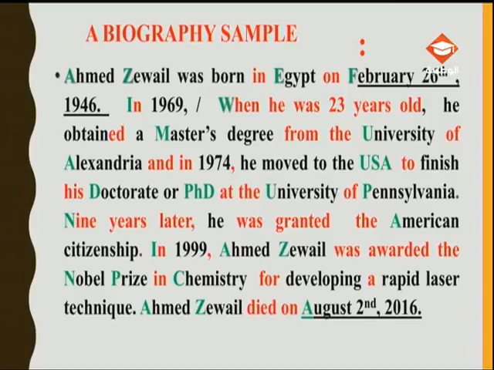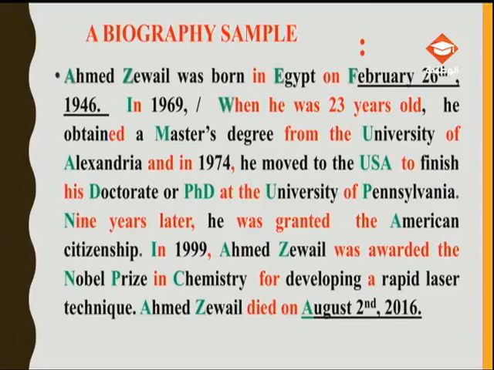In 1969, or as an alternative, we have to use a variety of techniques to make our biography quite light and interesting to read. When he was 23 years old, he obtained, you see, simple past because we have a date in 1969.